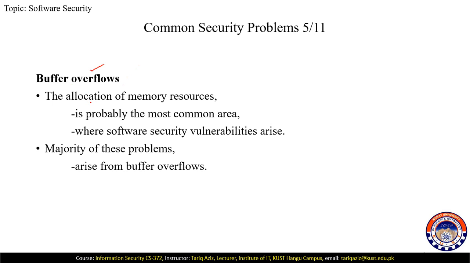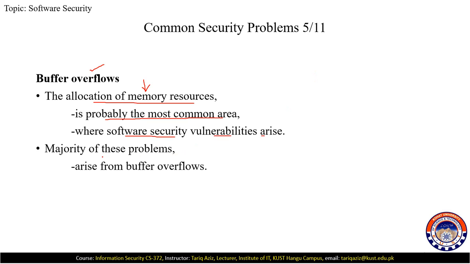This problem is related to the allocation of memory resources, which is probably the most common area where software security vulnerabilities arise. It means that the memory resource is the most common area where security vulnerabilities arise.